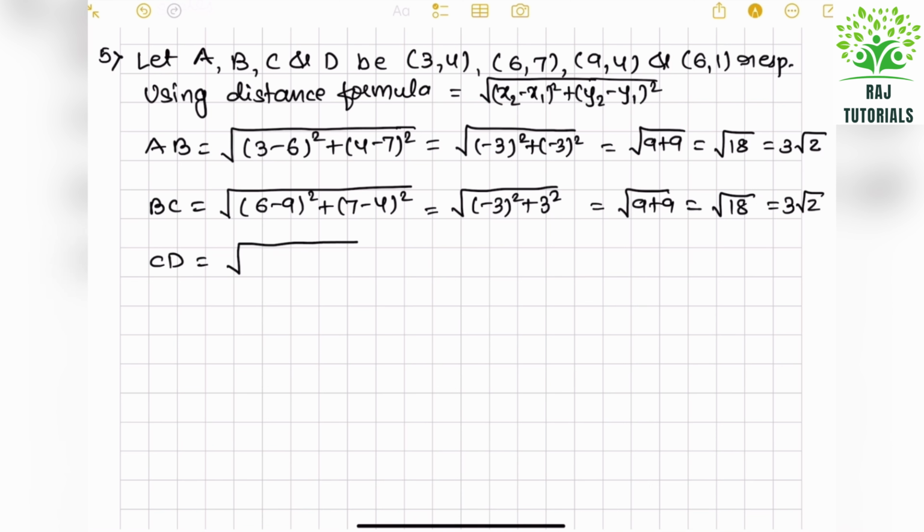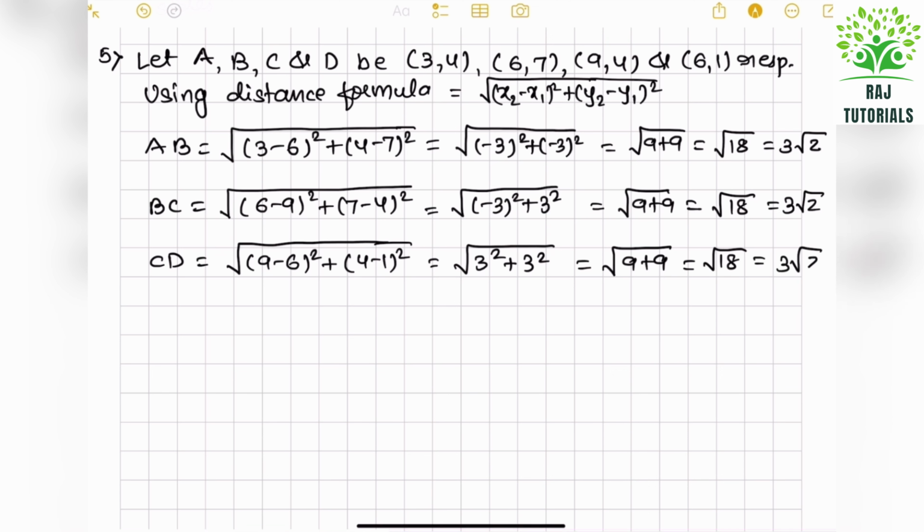Now CD. So CD is 9 minus 6 whole square plus 4 minus 1 whole square. So that will be 3 square plus 3 square. So this also will be 9 plus 9. So root 18. So 3 root 2.